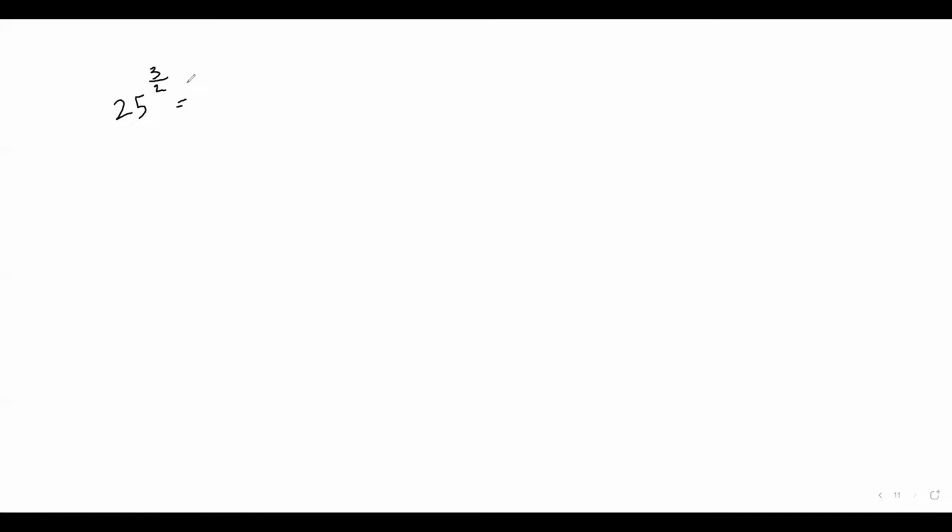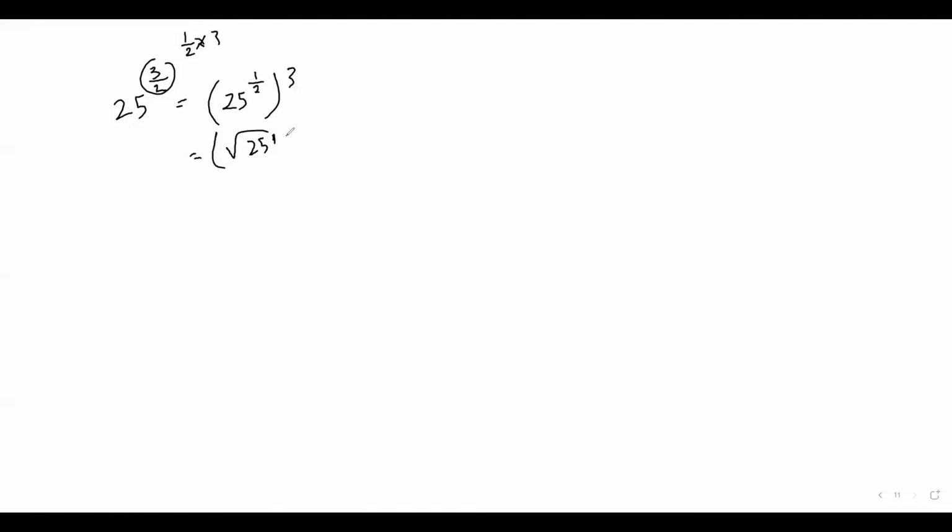You can either split this fraction and write it as 25 raised to the power of half, and then times 3, right? This 3 over 2 can be rewritten as half times 3. So we keep the half inside, because that means square root of 25.